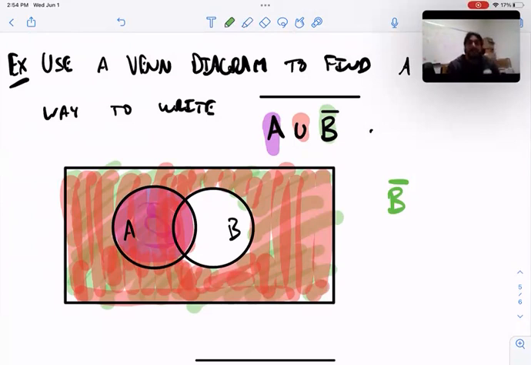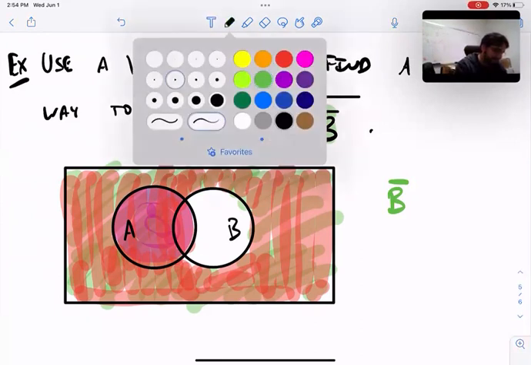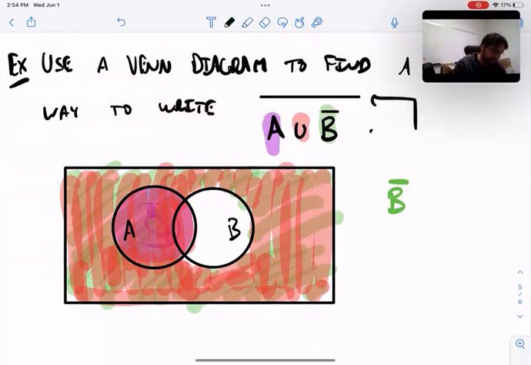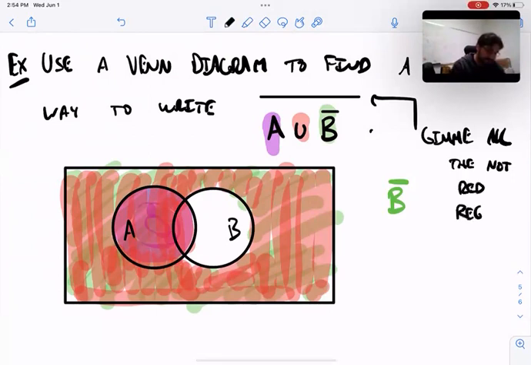But now I want the complement of the union. So now I want everything that's not red. That's what this complement is saying: give me all the not red regions. So what are all the not red regions? Well, if you look, it's just the part of B that is outside of A. That's really all that it is.